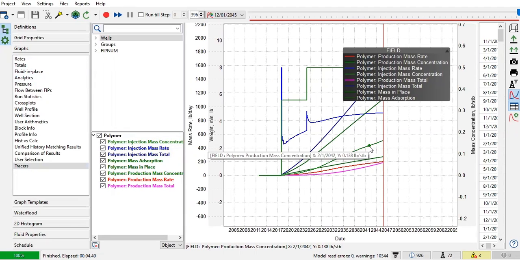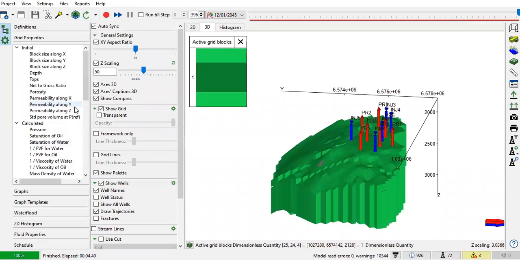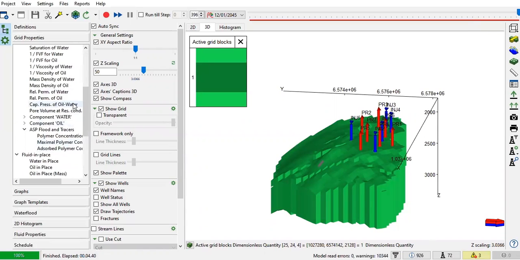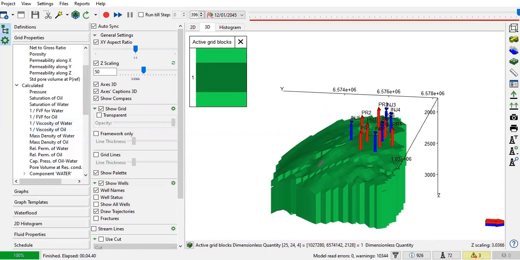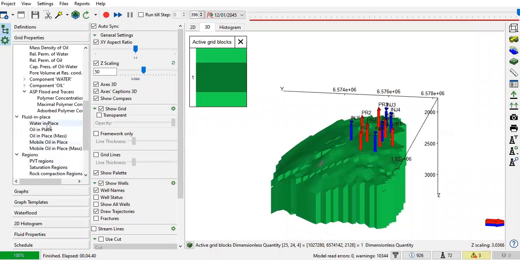And there will be some polymer that is adsorbed. So you can say basically they are lost because they are adsorbed on the pores and you cannot recover the polymer. And you can check the adsorbed polymer in this one.